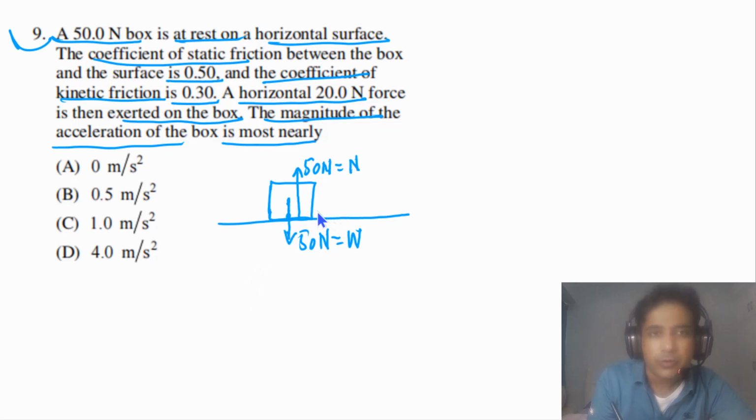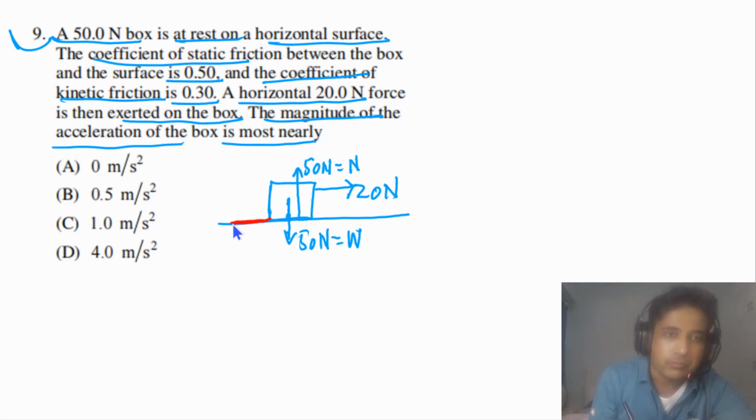First of all, we can find out whether the block is moving or not. The force acting on this box to the right is 20 newtons. Now we can find the maximum force, the limiting value of static friction.